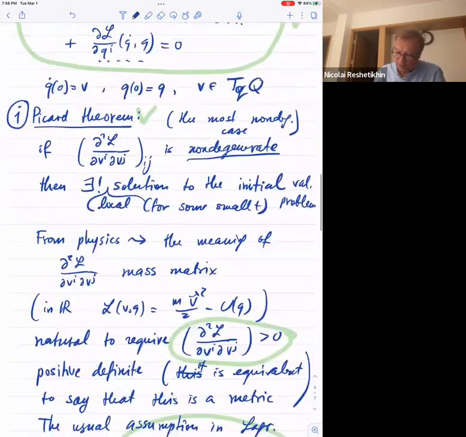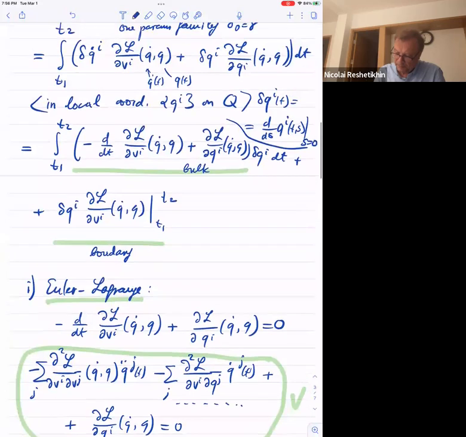Well, for two reasons. First, you see, Euler-Lagrange equations gave us vanishing of the bulk term, but we still have something from the boundary. So if we really want the extrema of the action functional to be classical trajectories, then we have to make sure that these terms are zero.